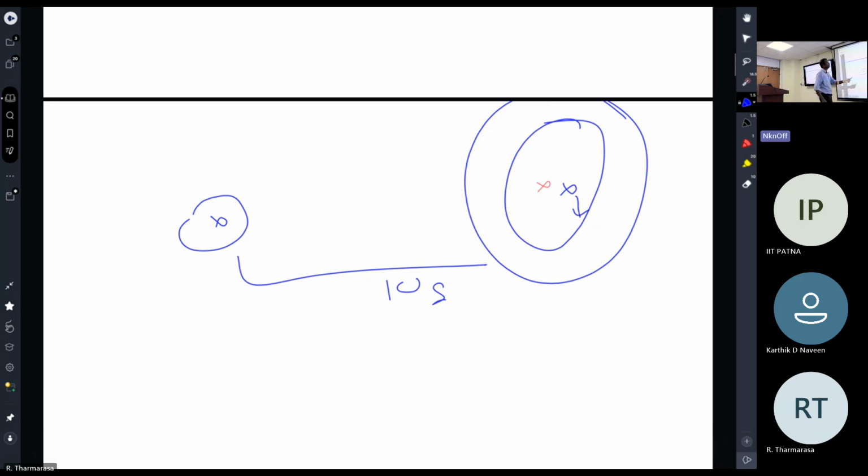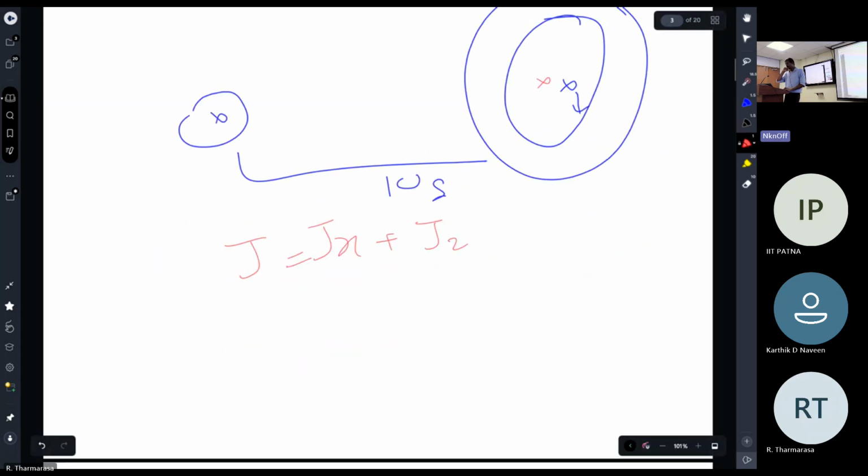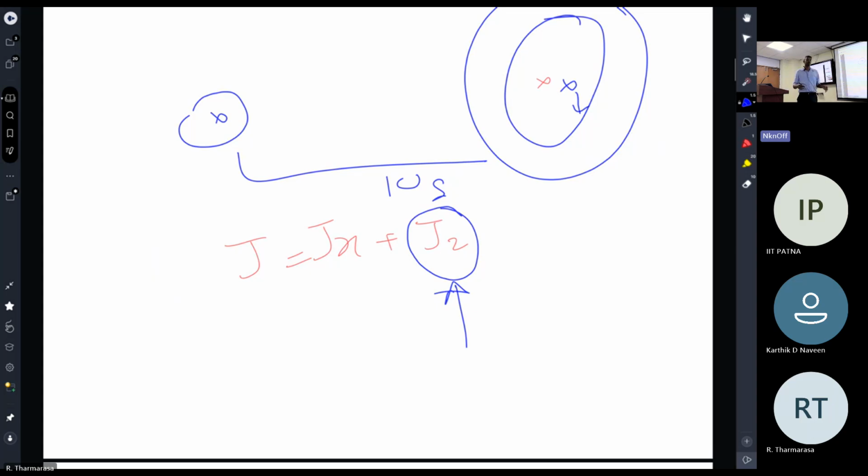By using these two, you can find new information. If you think about CRLB, assuming you know CRLB, J equals Jx plus Jz. Using that, you can find the new information that we have in the covariance. Well, that's the basic idea.